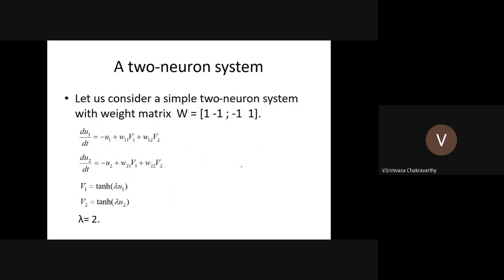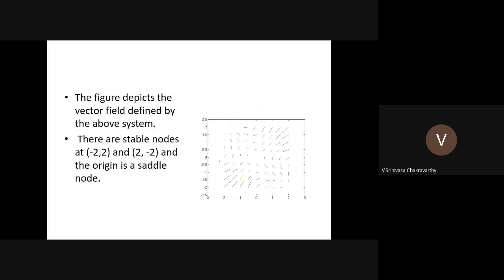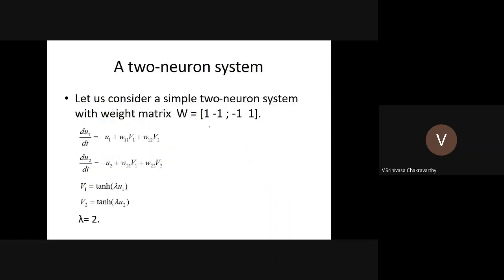When you have two neurons like this, you can also show that the network has two stable states. If you store, for example, 1 and minus 1, then again use Hebb's rule. The weight matrix will be equal to 1, minus 1 and minus 1, 1.